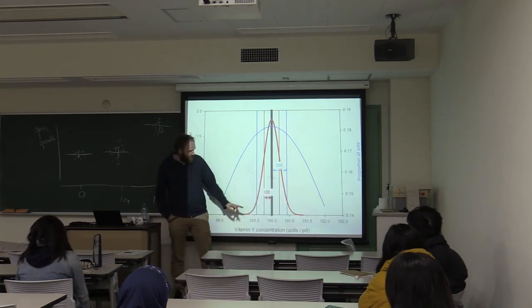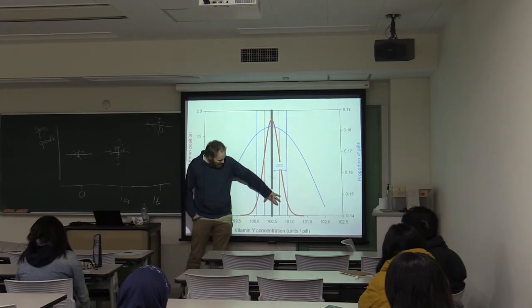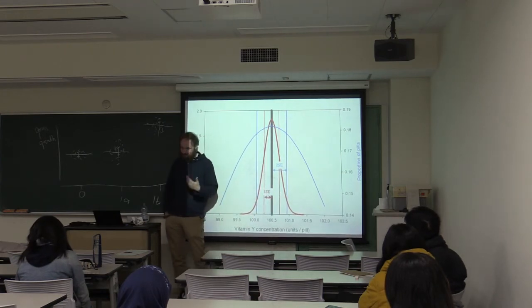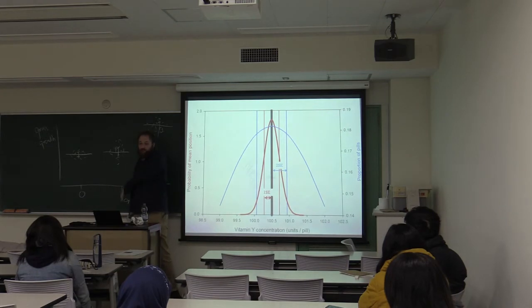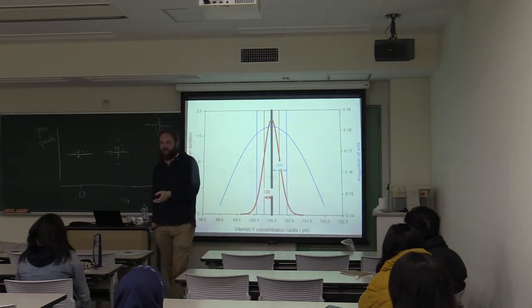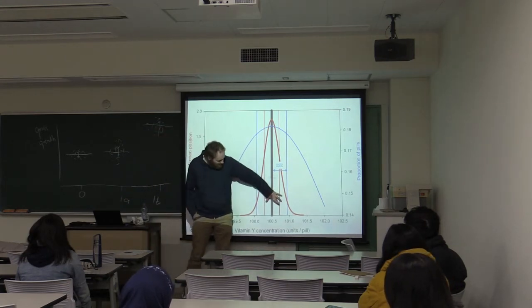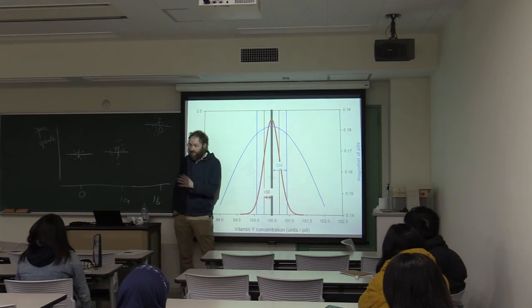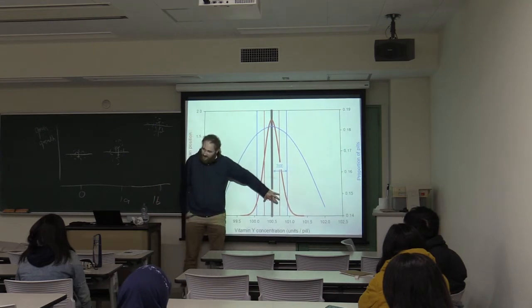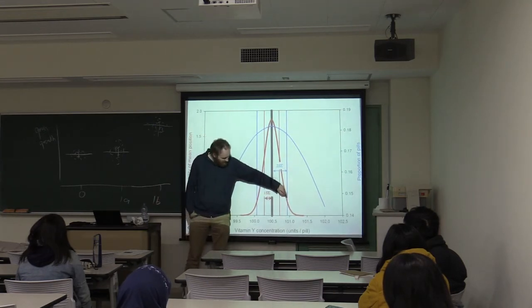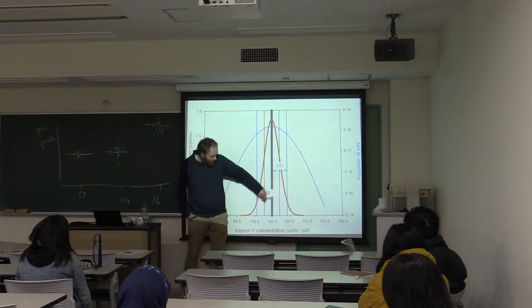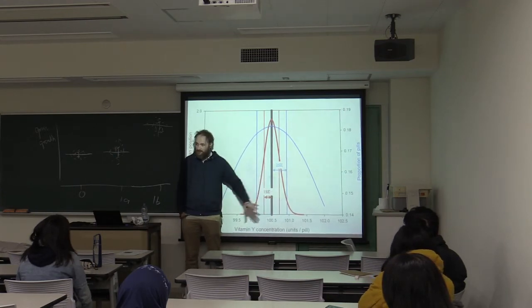There's a 68% chance that if we measured the vitamin Y content of another 100 pills, the mean for the second group would be inside here. And there's a 95% chance that that second mean would fall inside these blue lines.